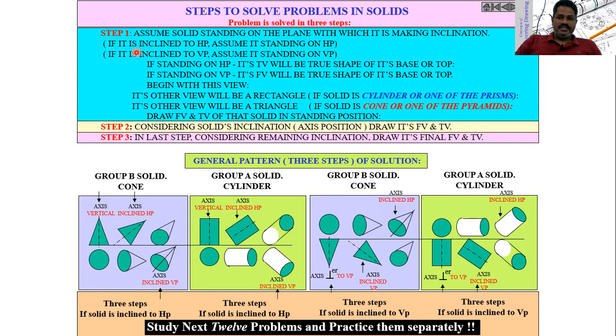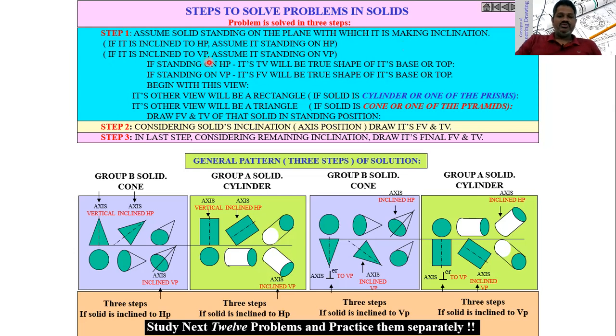I'm following a three-step approach to solve the problems. In the first step, assume the solid is standing on the plane with which it makes an inclination. Now we have to consider on which plane the base is lying and from which plane the base is making some angle. If it is inclined to HP, assume that it is standing on HP.